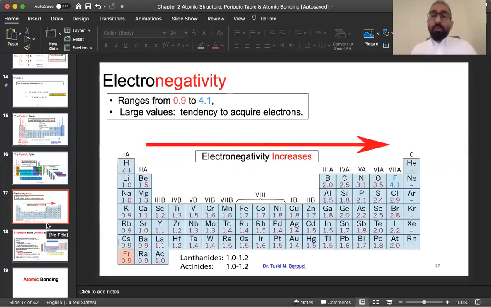Great. This is very important because as you go further to discuss the atomic bonding that can exist between atoms, electronegativity is going to play a major role in determining what kind of bond you will have, and that kind of bond will determine what kind of properties the material might have.